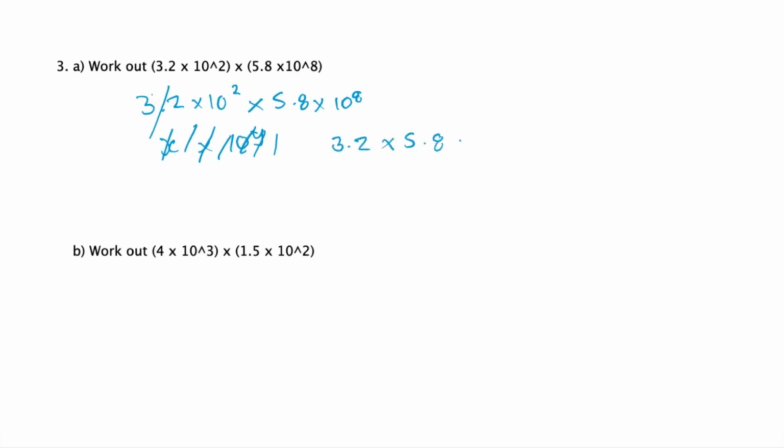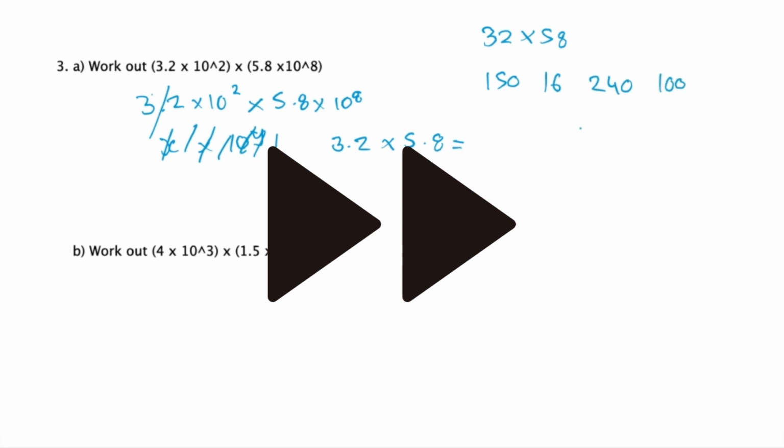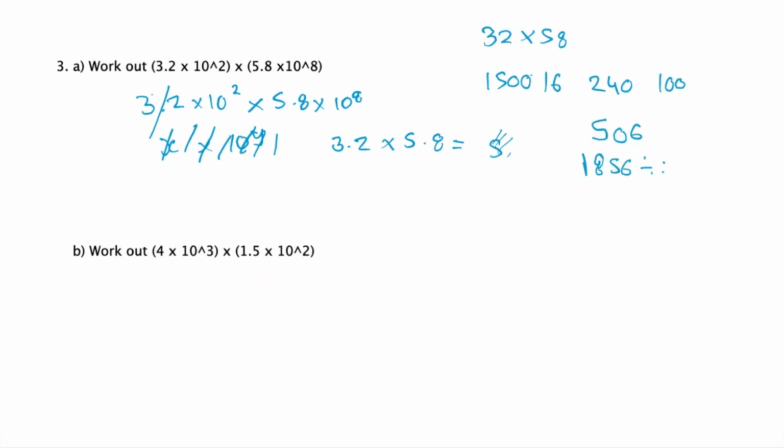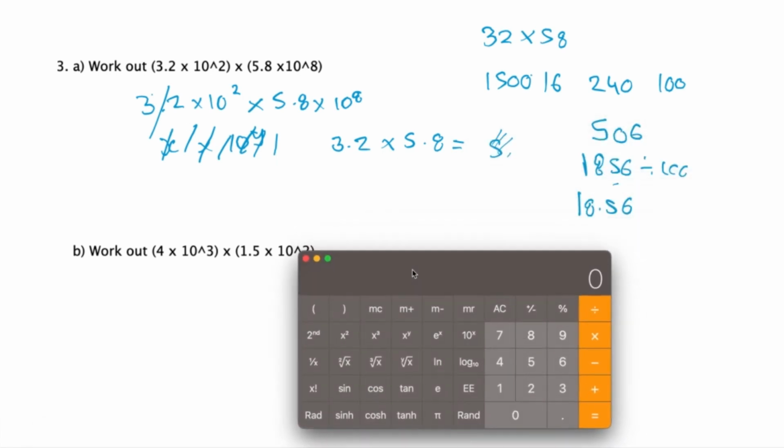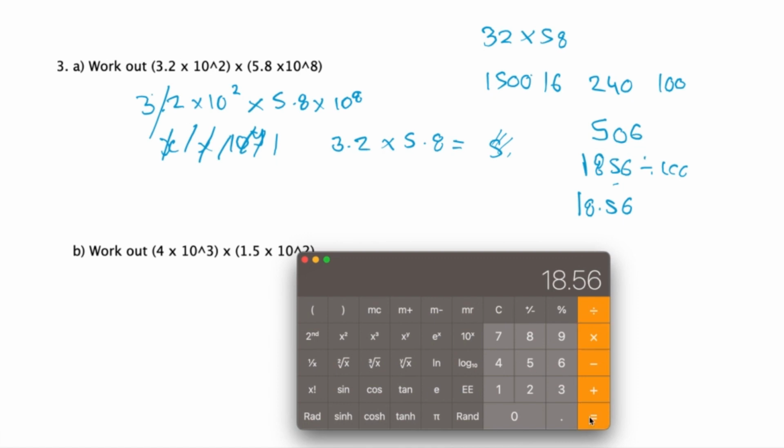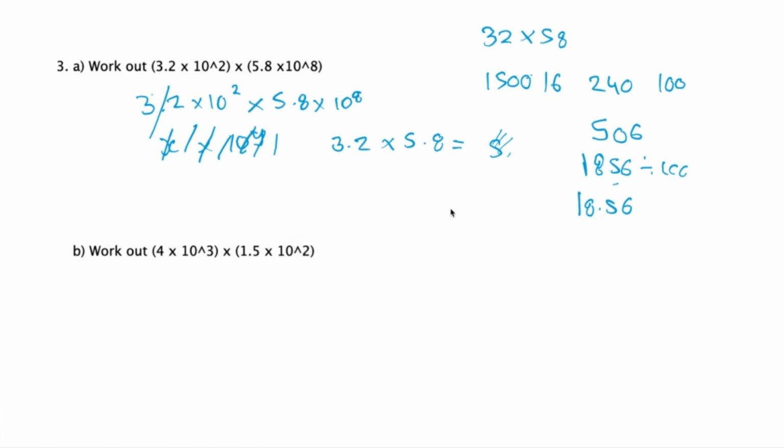I do not have a calculator right now, so I'm going to try to do it off the top of my head. 18.56. Actually, I have a calculator on my laptop. Let's see if that's correct. Okay, moment of truth. 3.2 times 5.8 is 18.56. Fine, we got it right.